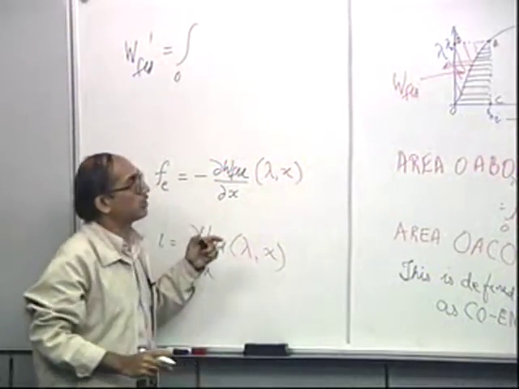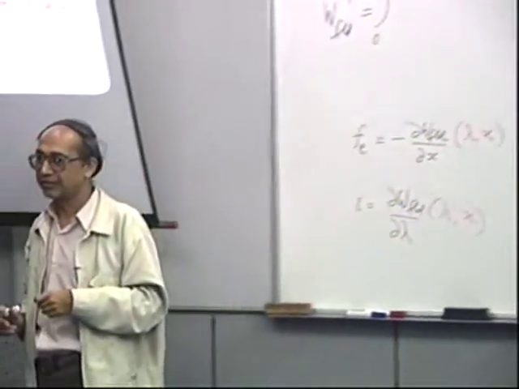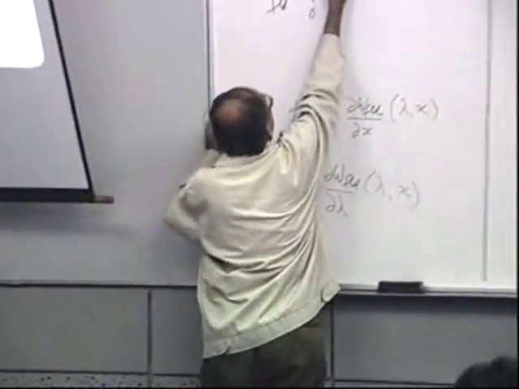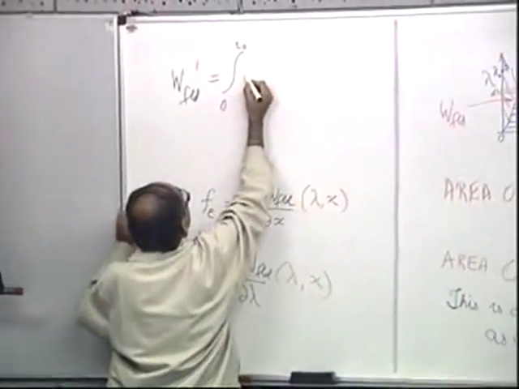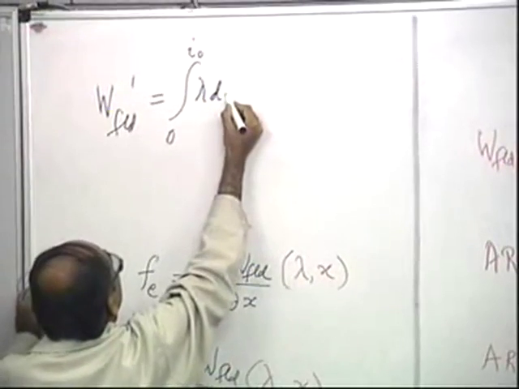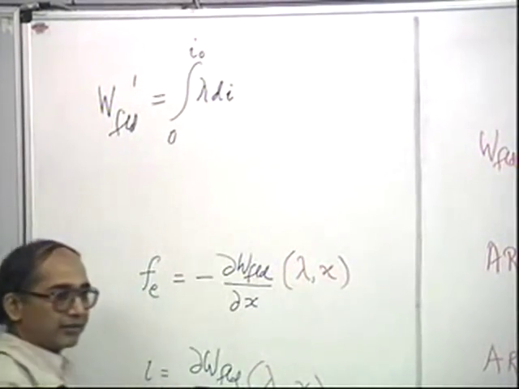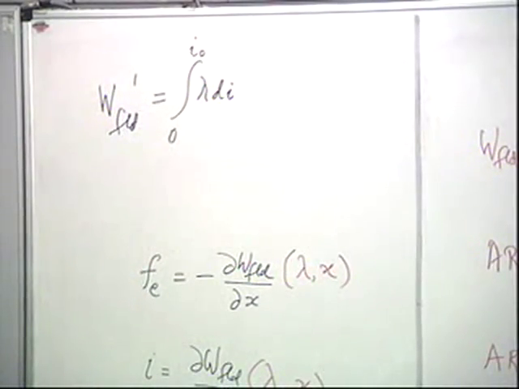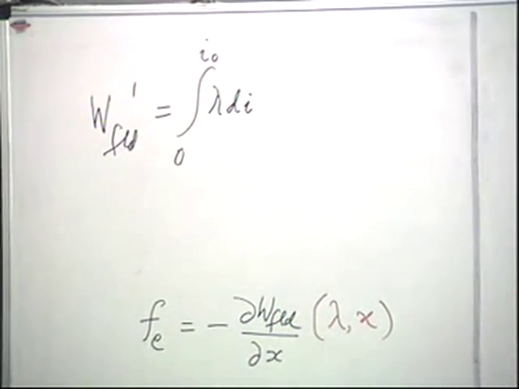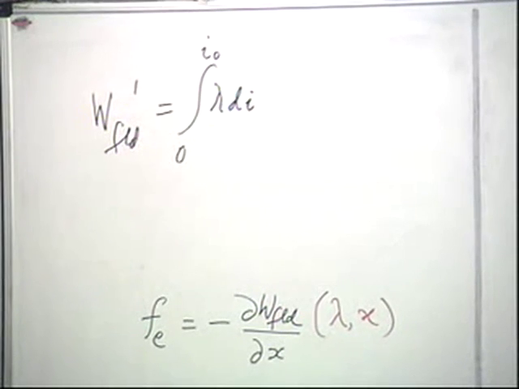Just like we define W field as 0 to lambda, naught ideal, 0 to I naught. That's right. So you can have this as 0 to I, naught, lambda di. Is it okay?